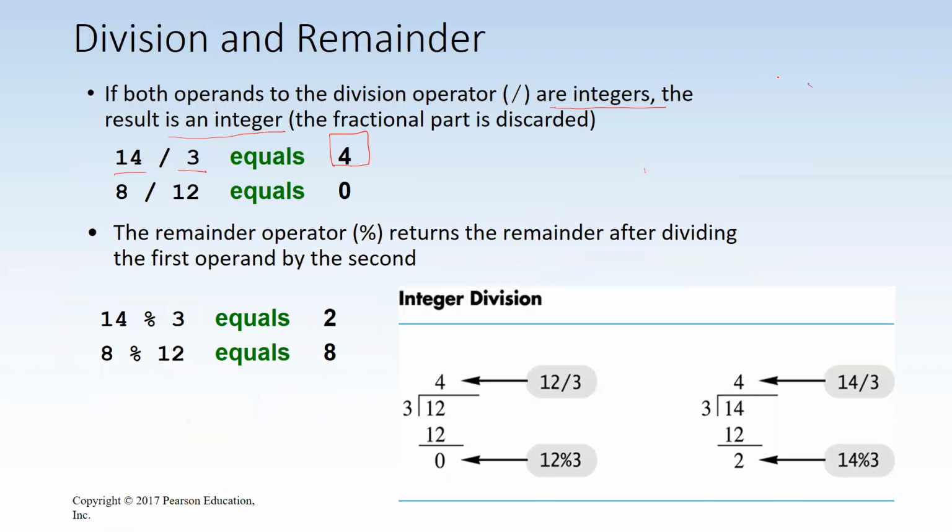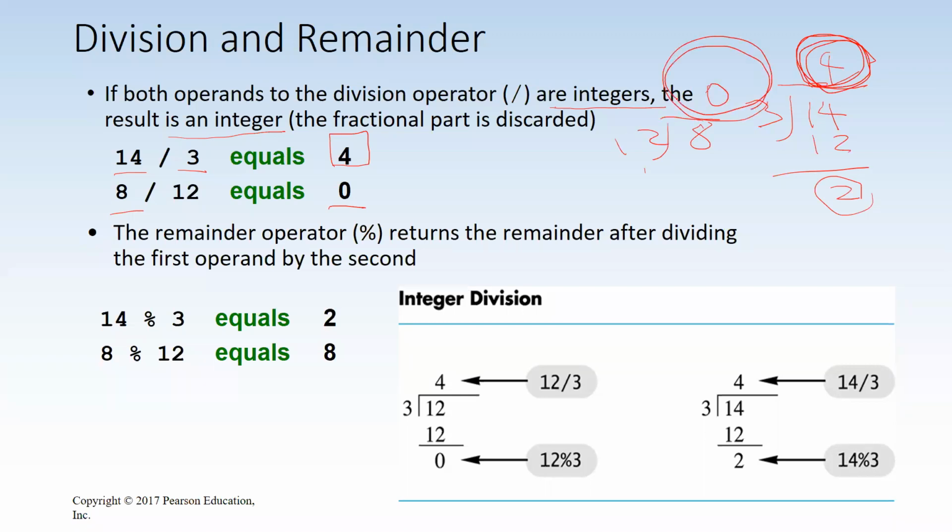That is because 14 divided by 3, you have 4 3s in 14, and now you don't have enough. So it's an integer. That's the result. And this one will give you a 0 because 8 divided by 12, there is not enough, right? So that is the result.